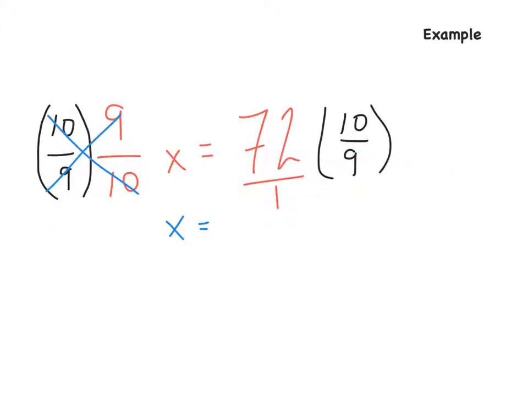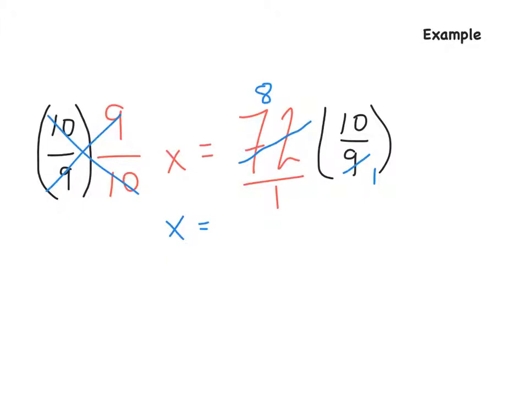But let's do some cross simplifying because 72 is a large number, and I don't really like working with large numbers. So, what is the greatest common factor of 72 and 9? The greatest common factor of that is 9. So 9 divided by 9 is equal to 1, and 72 divided by 9 is 8.